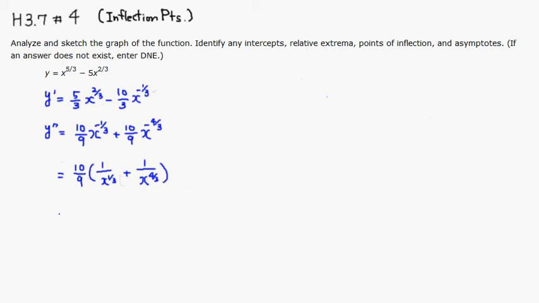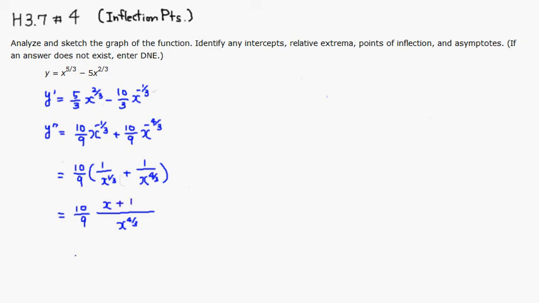By taking a common denominator, we can get 10 over 9. The common denominator will be x to the 4/3 power. In order to get x to the 4/3 from x to the 1/3, you have to multiply the denominator by x, so we multiply the numerator by x as well, and you have plus 1.